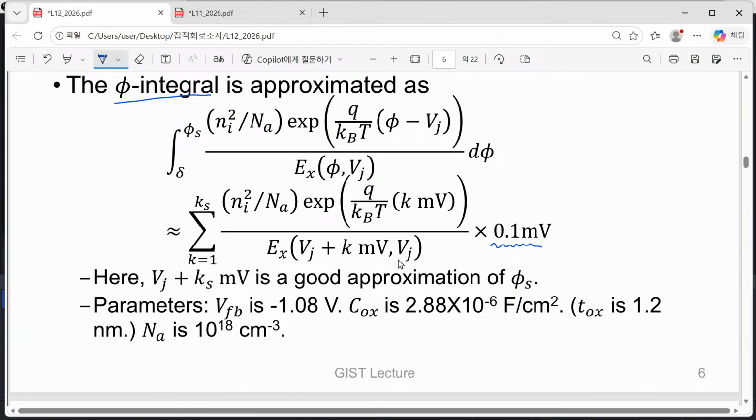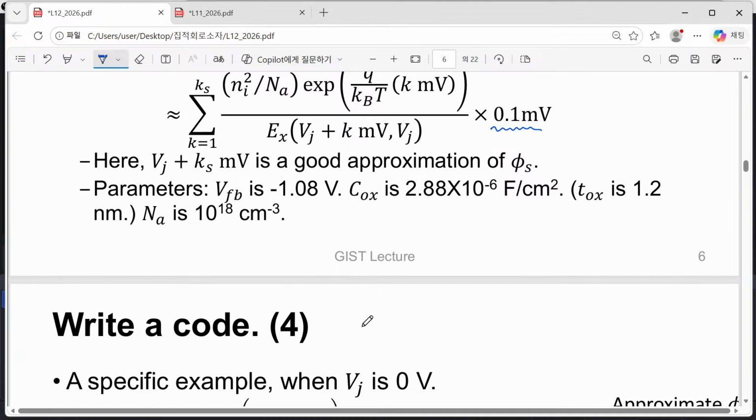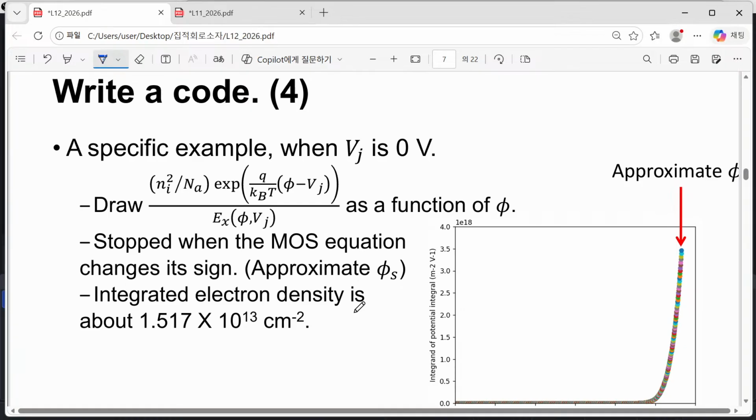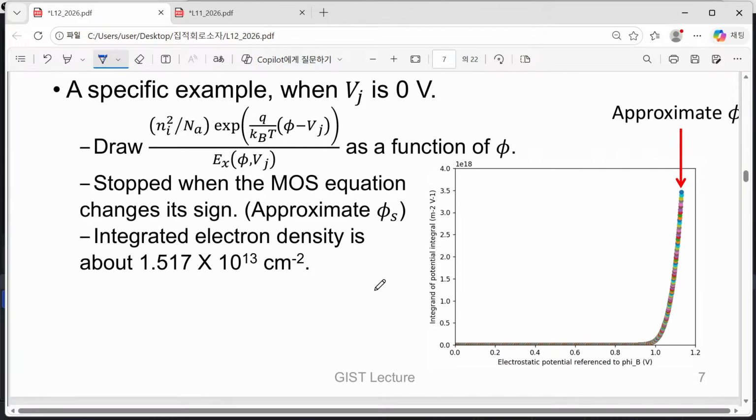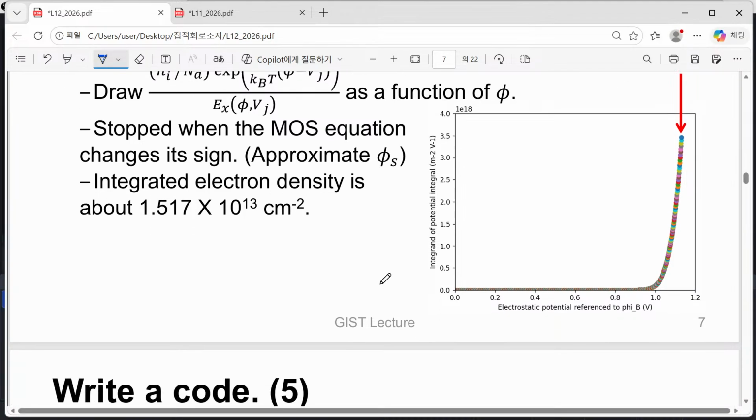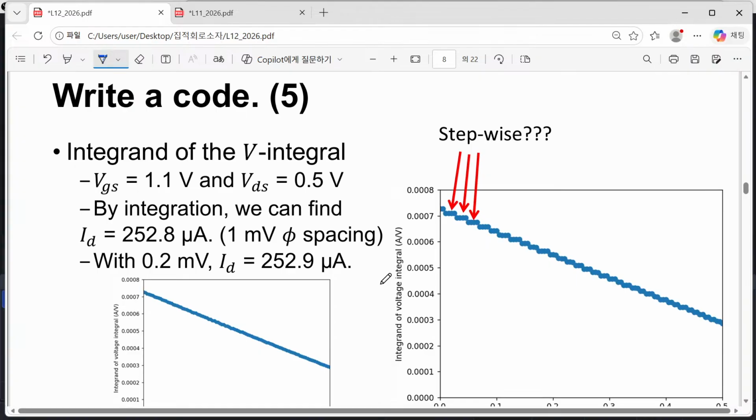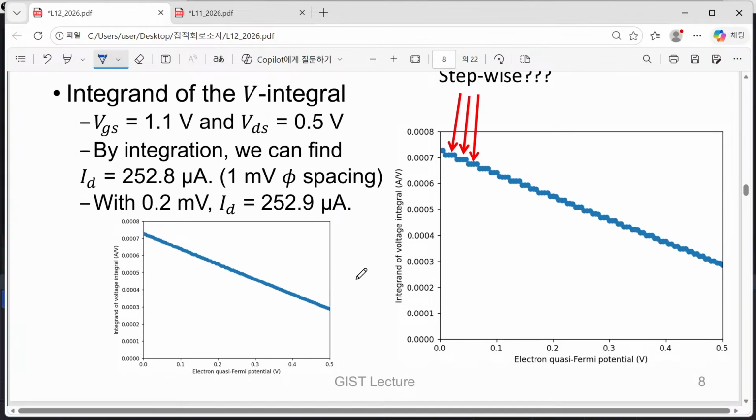You can choose whatever you want. This slide just shows how you can calculate this phi s. Let's assume that you can do it in some way. After that, this is the result of our calculation. Please have a look at this one.